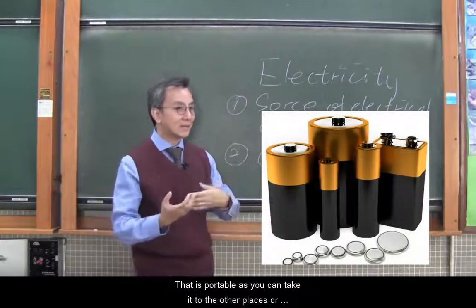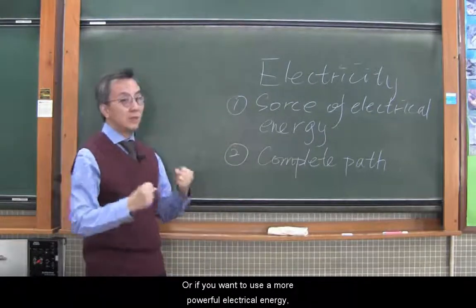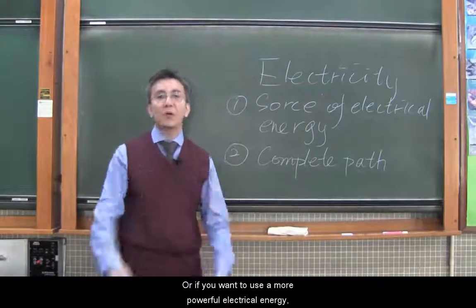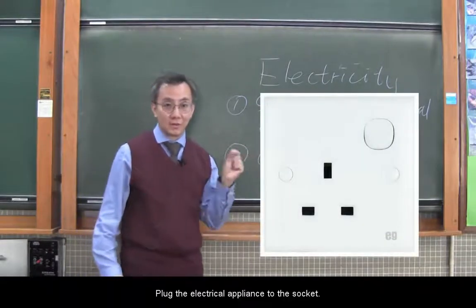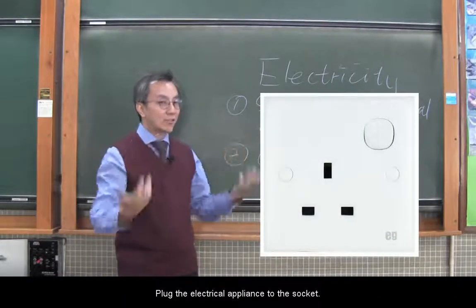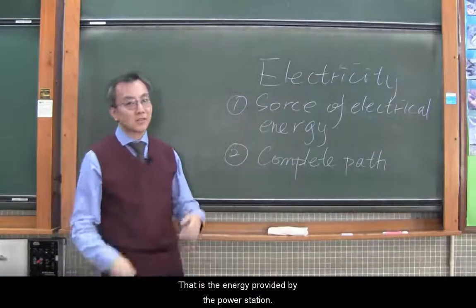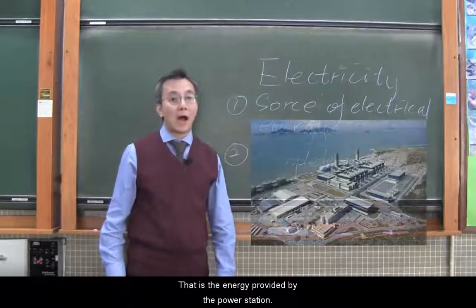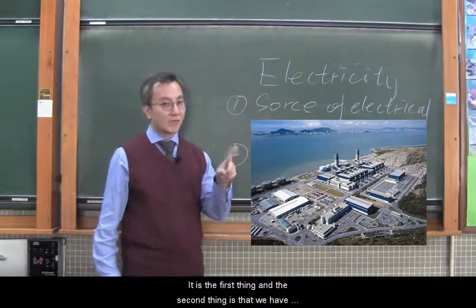You can take it to any other place you want. Or if we want to use more powerful electrical energy, we have to use the socket. Plug the electrical appliance into the socket. So that is the energy provided by the power station. So this is the first thing.